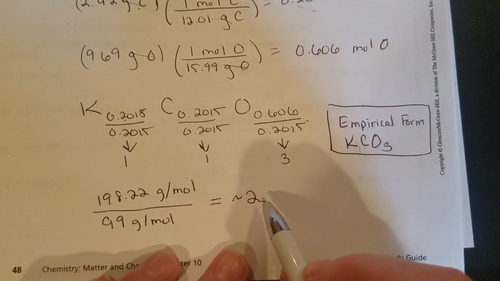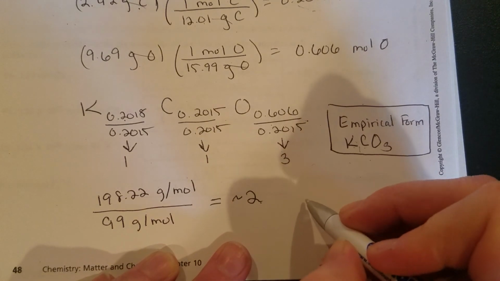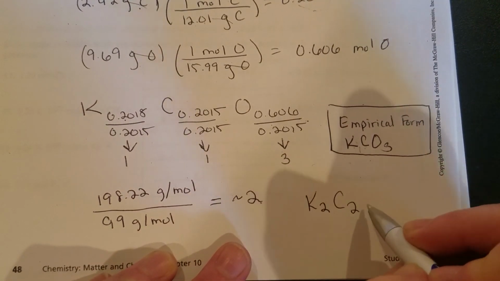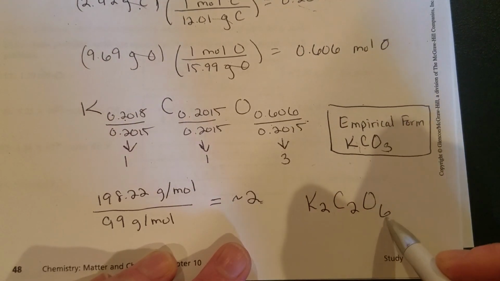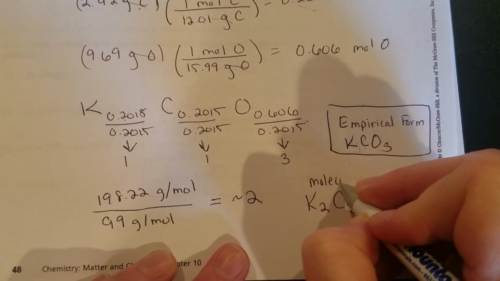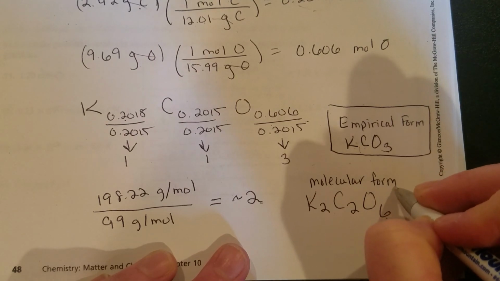So that means we're going to multiply our empirical formula by 2. That means we would get 2 potassiums, 2 carbons, and 6 oxygens, because 2 times 3 is 6. So that's our molecular formula. That's what it actually looks like if you drew it out.